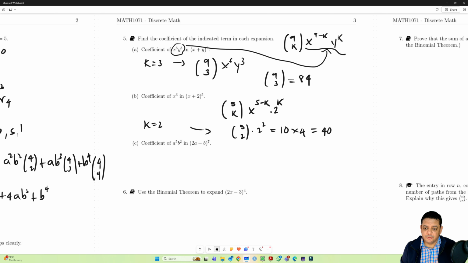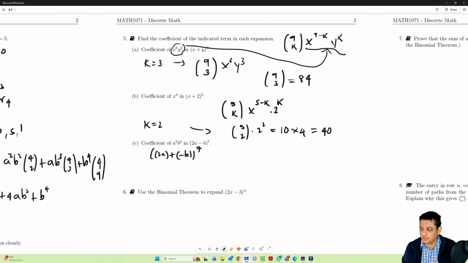Okay. So now last, we have a similar one. We have a to the 5 b squared. But now we're making an expansion of (2a minus b) to the power 7. So once again, we want to write this in a way that is an a plus b expansion. So this will be (2a plus minus b) to the power 7.